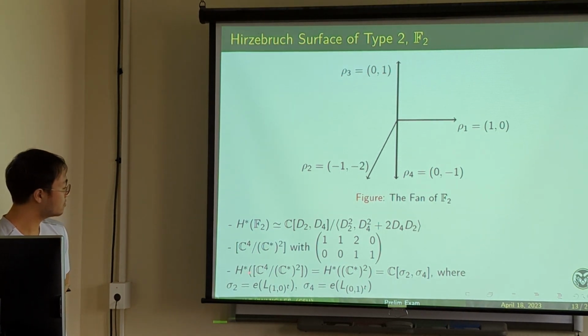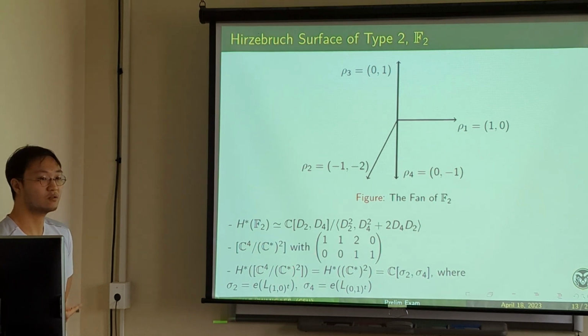And then we need to know the cohomology ring of the stack quotient. So here C to the 4 deformation retracts to a point. So this can be realized as the point mod this two-dimensional torus, and the cohomology of that is the cohomology of a classifying space, or group cohomology, of the two-dimensional torus.